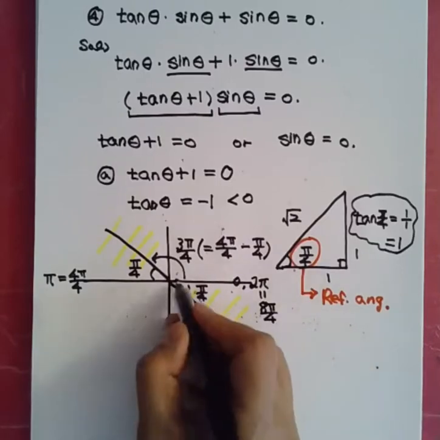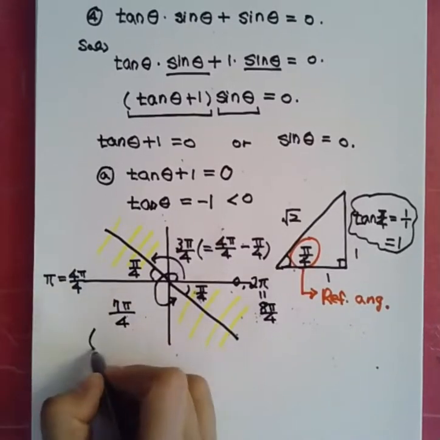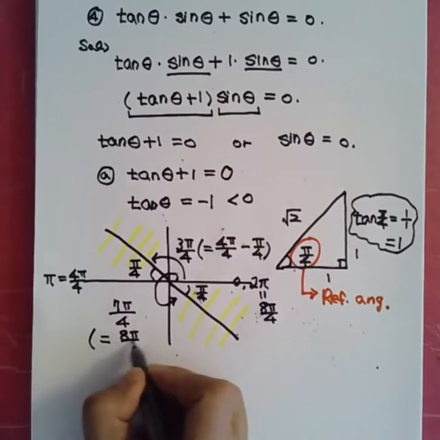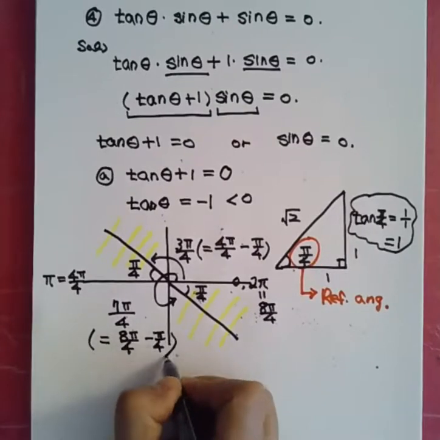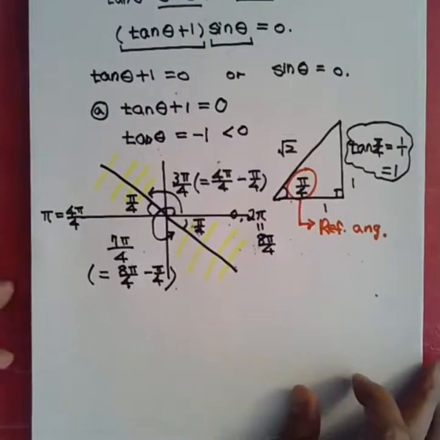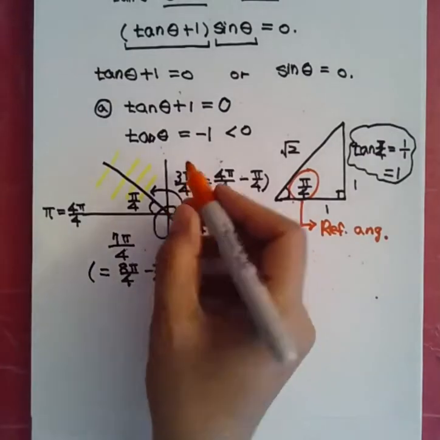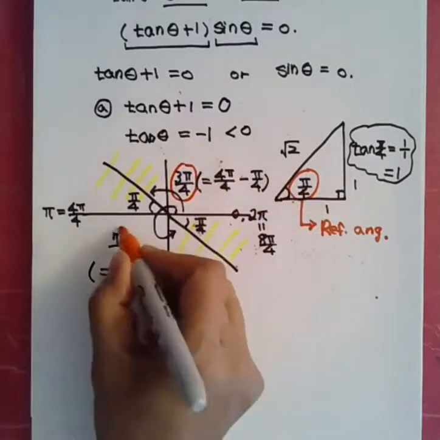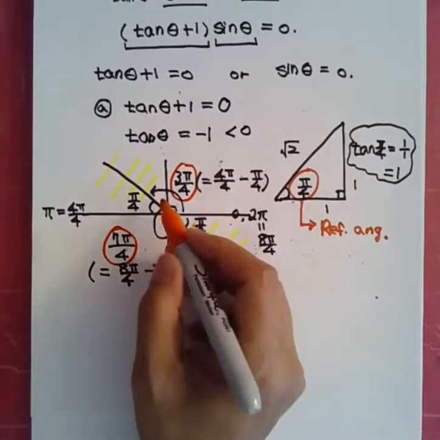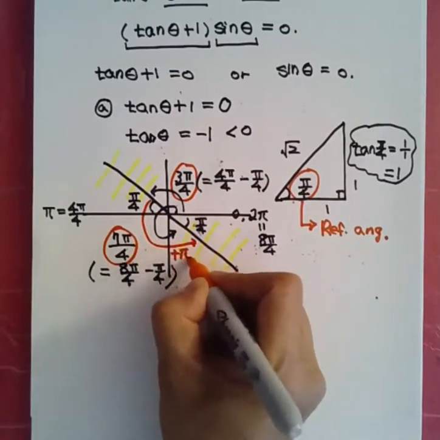So this angle is 7 pi over 4. We have two angles. When we think about the difference between 3 pi over 4 and 7 pi over 4, the difference is 4 pi over 4, which is plus pi.